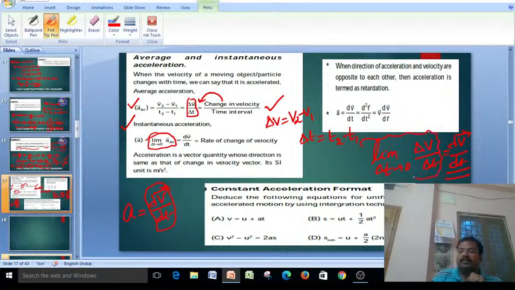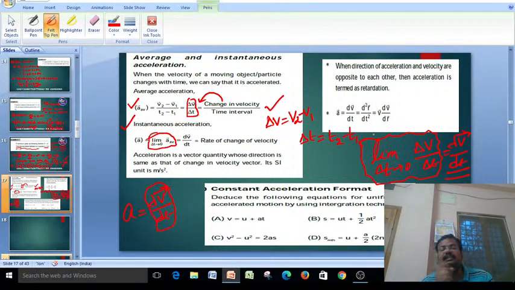Before that, the complete change in velocity divided by change in time exists within limits. We consider that value in the limit where the time tends to 0, meaning it is nearly equal to 0 but not equal to 0. Acceleration is a vector quantity whose direction is the same as that of the change in velocity vector.